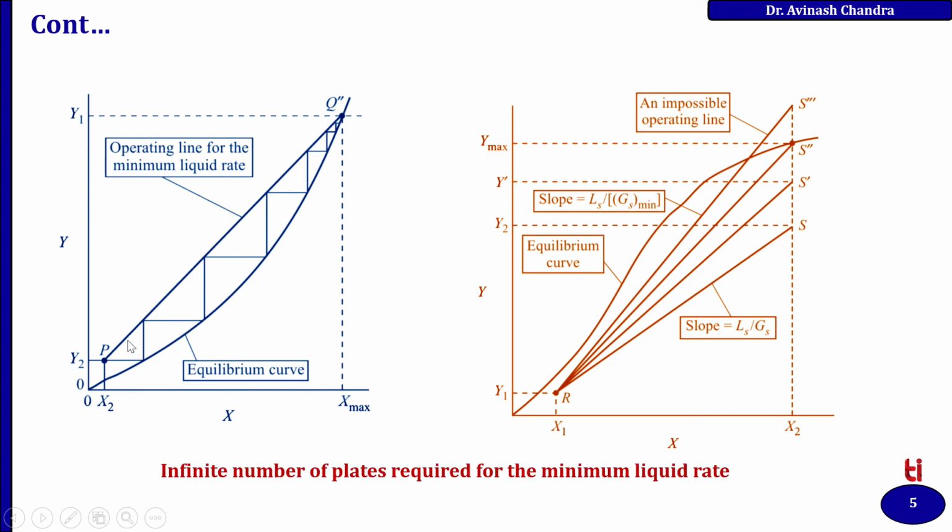So in this case of minimum operating line, an infinite number of plates is required for the minimum liquid rate, because you can see we cannot complete all the stages here, and it will go on for infinite time.